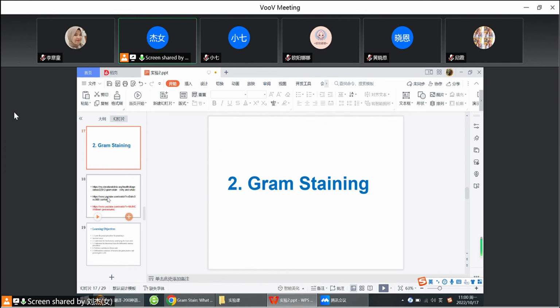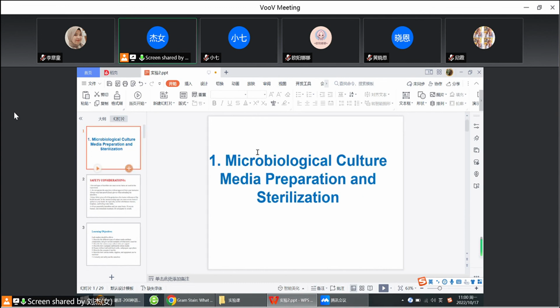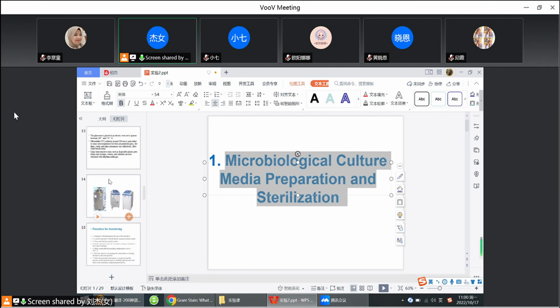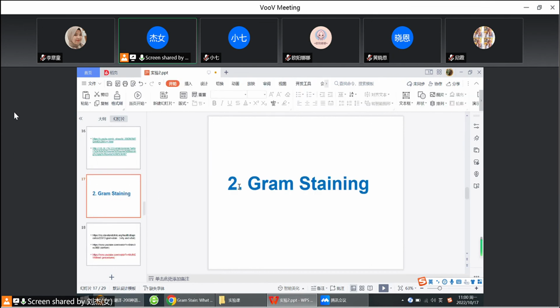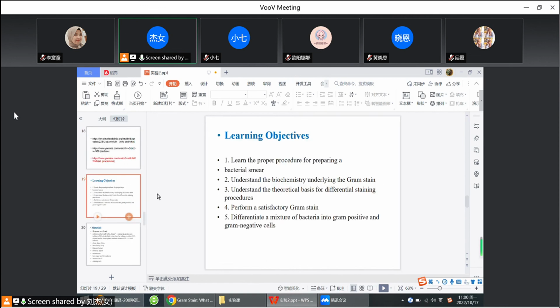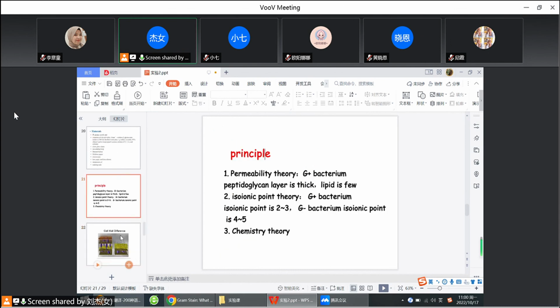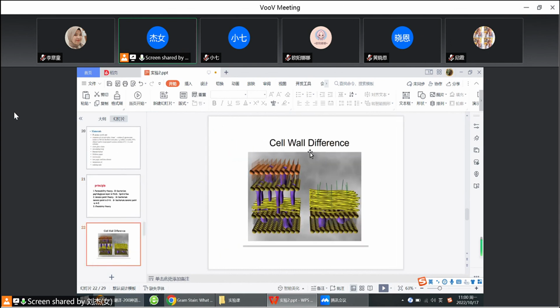For the second experiment, for the second laboratory, you don't need to write a lab report for this part. We just need you to write your lab report for gram staining: the objective, materials, principles, steps, and the mechanism.